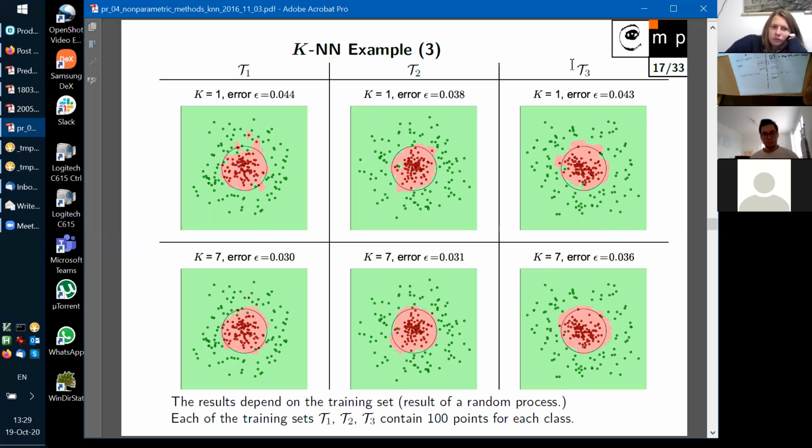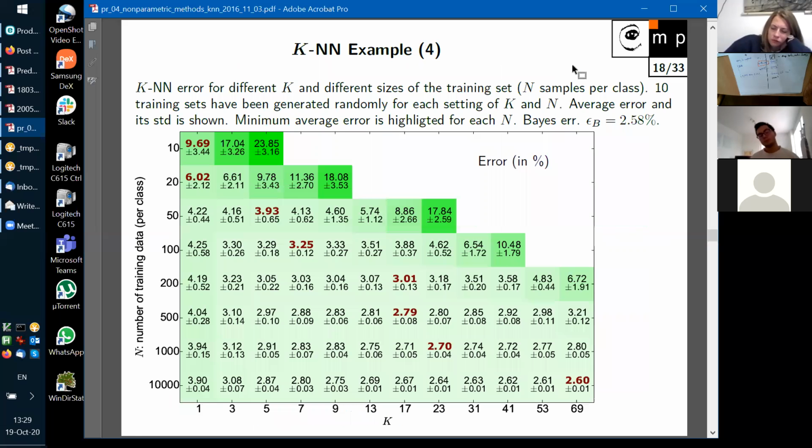And the error range is between 3.8 and 4.4% for K1 and 3.0 to 3.6% for K7. So it's very close to the optimal result.